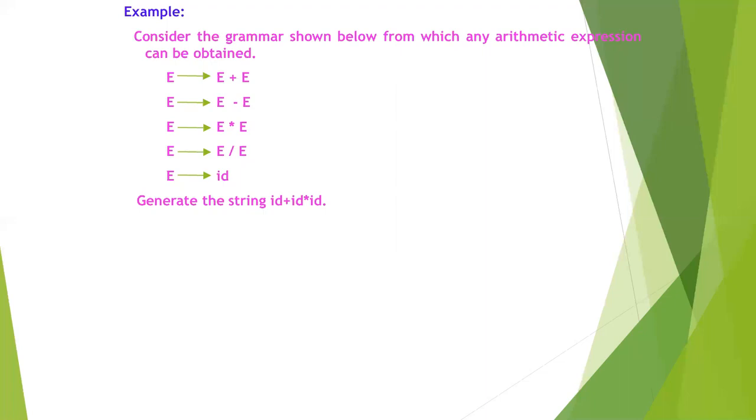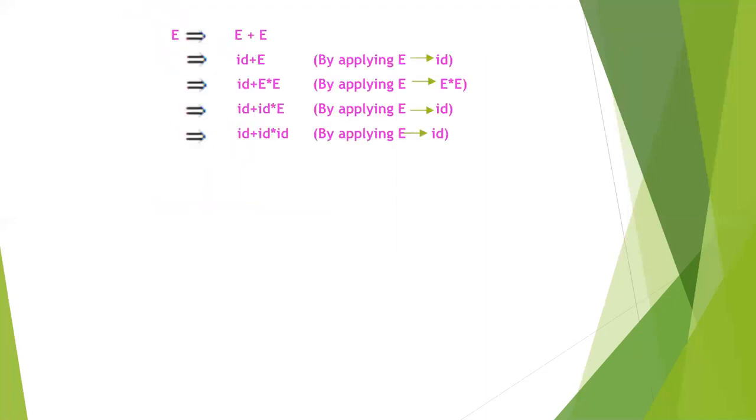Generate the string id plus id star id by applying these productions. E produces E plus E. By substituting E with id, you get the string id plus E. By applying E star E, get the string id plus E star E. Then by applying E produces id, you get the string id plus id star E. By applying E produces id, get the derivable string id plus id star id, which cannot be derived further into any other strings.